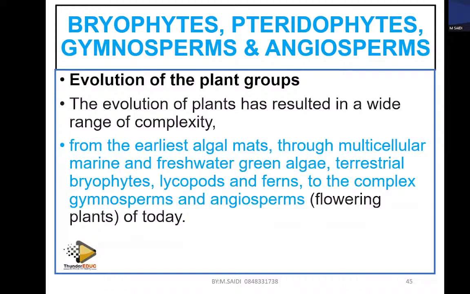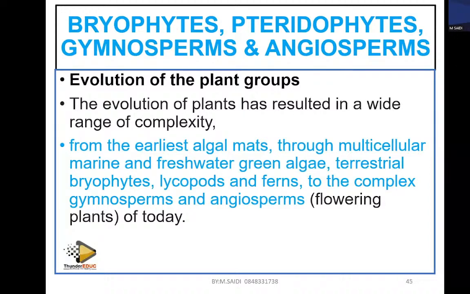So these algae had to change from the simple into a terrestrial organism. In this case, a terrestrial plant, which is the bryophyte. It means that the bryophytes are the simplest form of plants. And then the bryophytes developed slowly, and they formed the pterophytes, or what we call the ferns. The ferns are an example of the pterophytes, or pteridophytes.